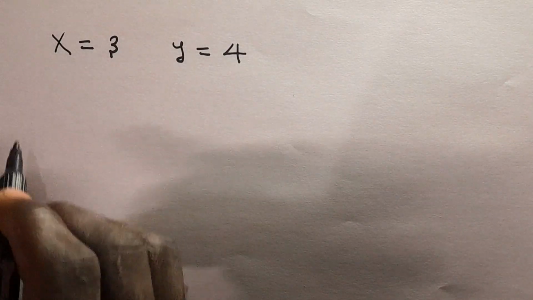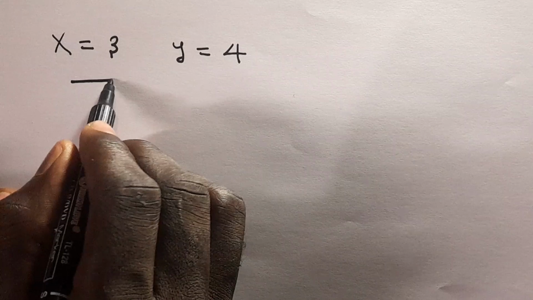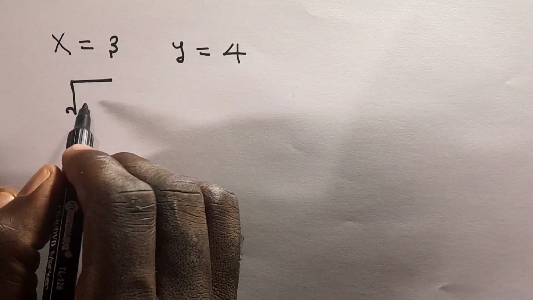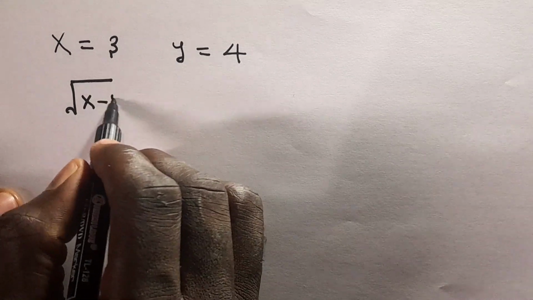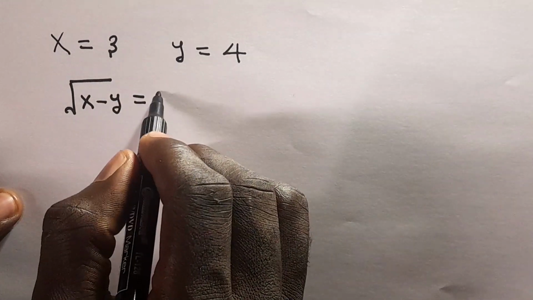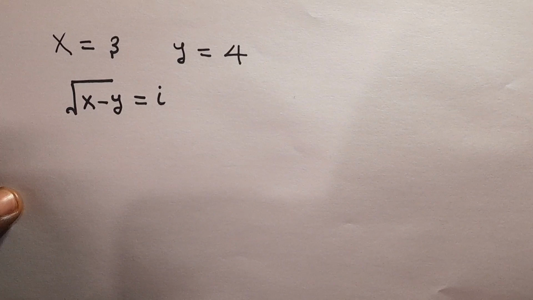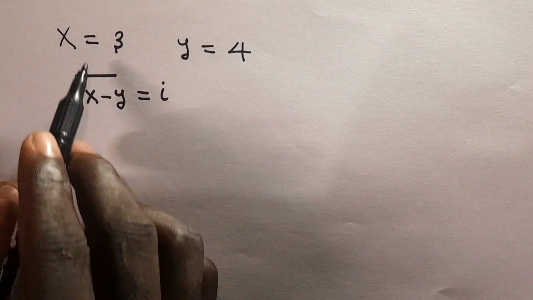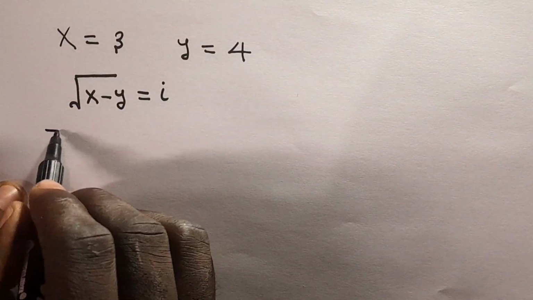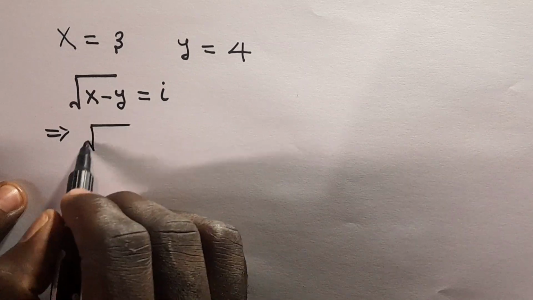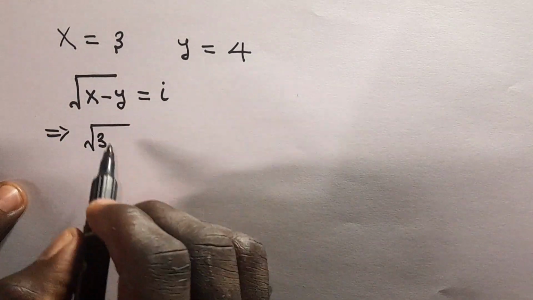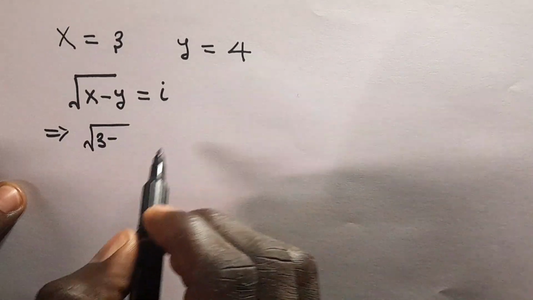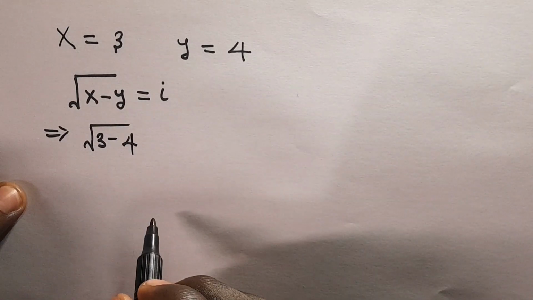Now to prove that the square root of x minus y equals i, let's recall from here that we have x to be equals 3 minus y to be equals 4.